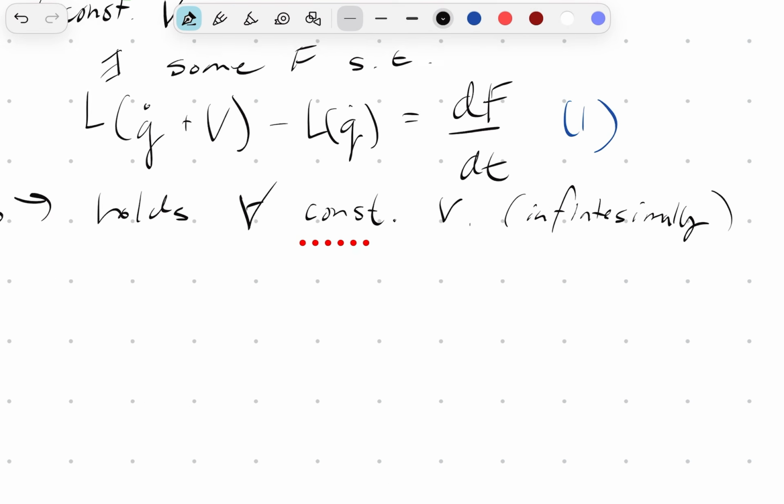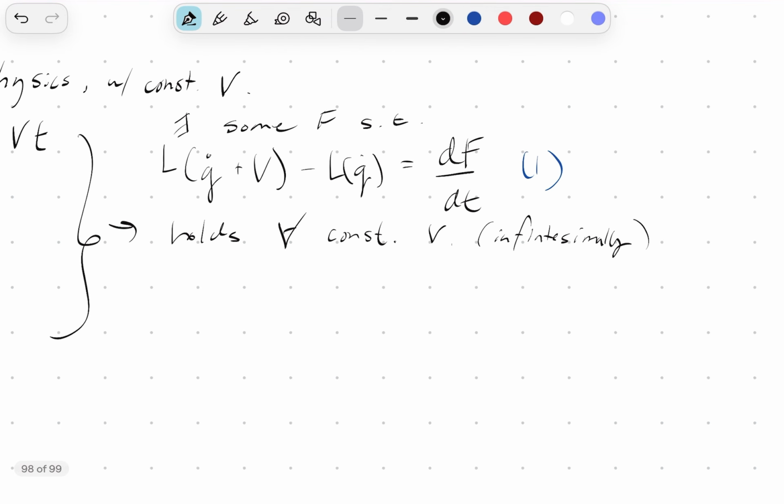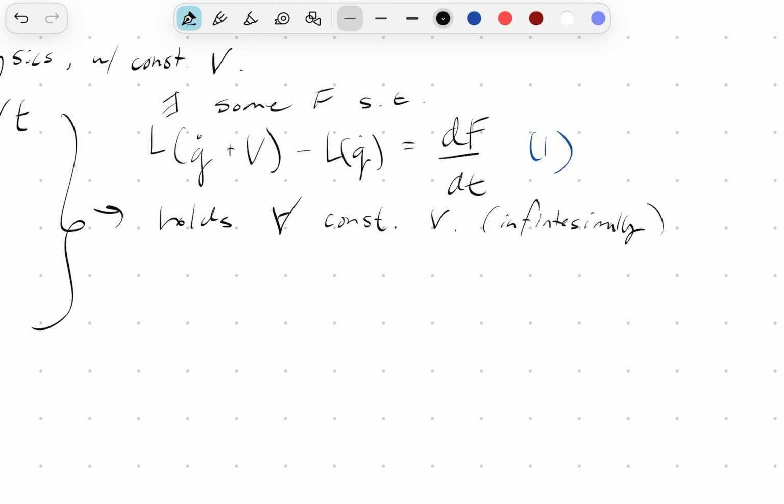Infinitesimally. Okay. Now what we can do is expand this quantity here as a small boost, with a small boost as the variation of v.